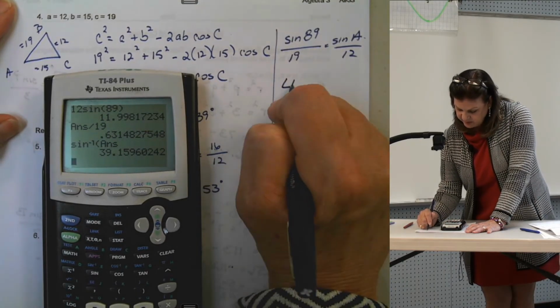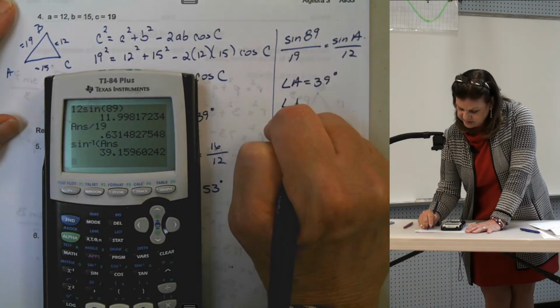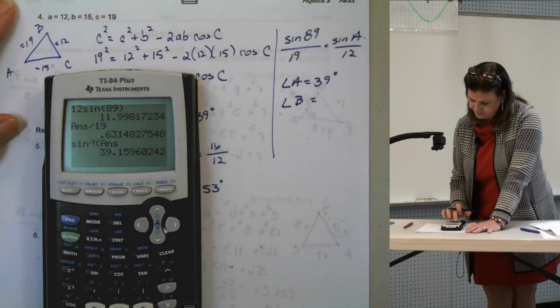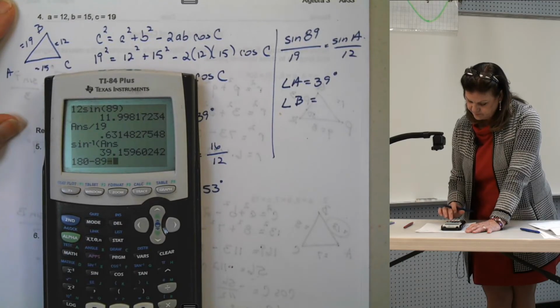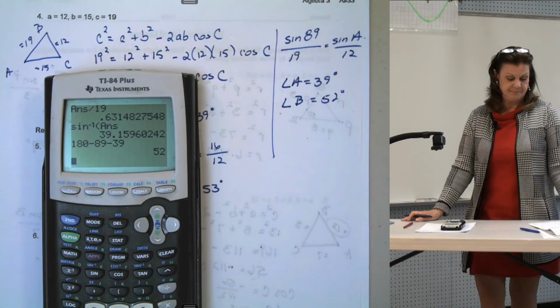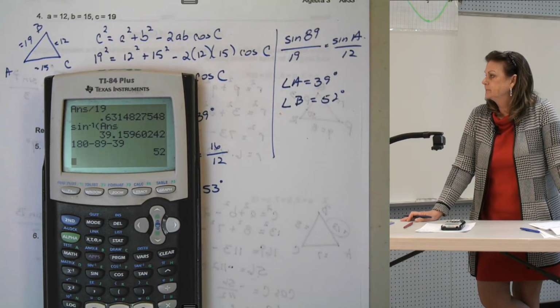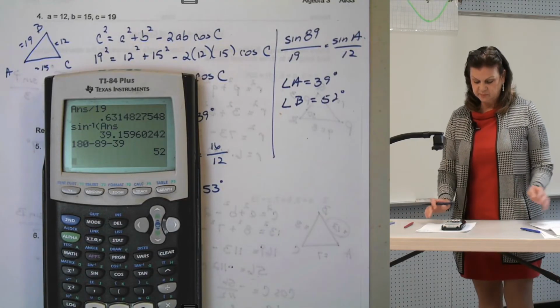So I know angle A is 39 degrees, which makes angle B 52 degrees. Okay. Pretty straightforward.